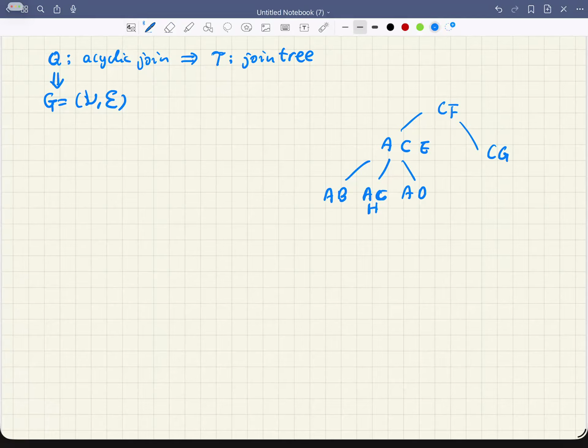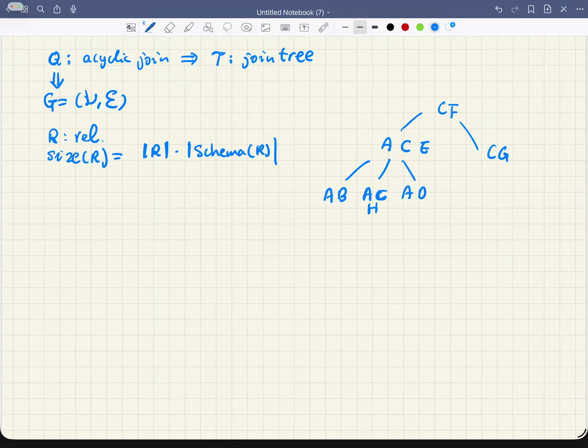For every relation R, the size of R is basically how many integers you need in order to represent the tuples, right? So this is the number of tuples, times the schema of the relation.